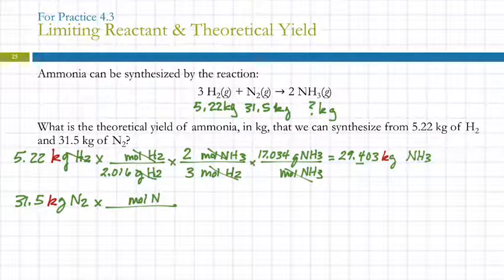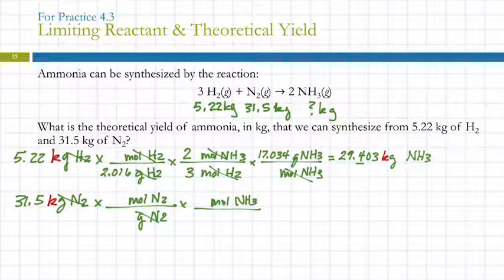So we're moles of nitrogen divided by grams of nitrogen. And then we're going to go to moles of ammonia. Divide by moles of nitrogen. Those units cancel out. And then we'll go to grams of ammonia, dividing by moles of ammonia.